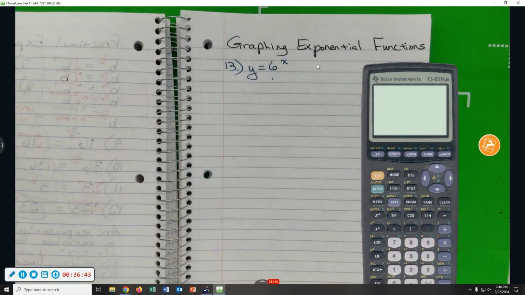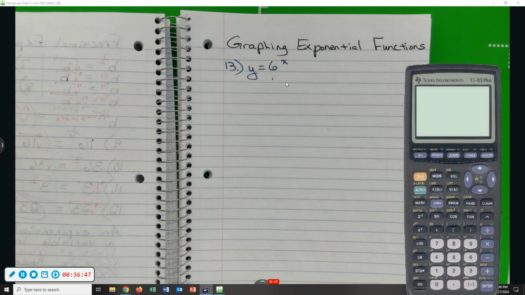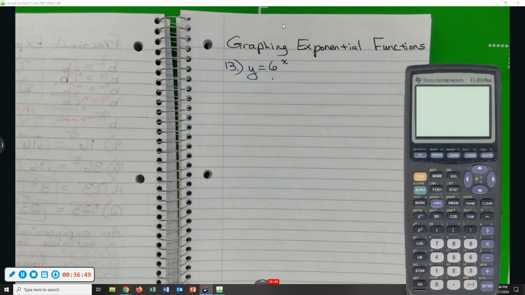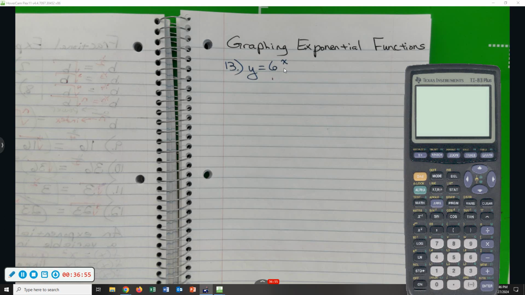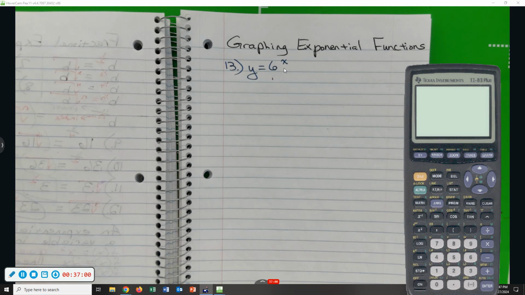An exponent can be any number. It can be positive, negative. We've seen that. It can be a fraction. So you can plug any numbers you want in there for x. I wouldn't use something like 5, because 6 to the 5th would be a mighty big number to try to label on the y-axis.